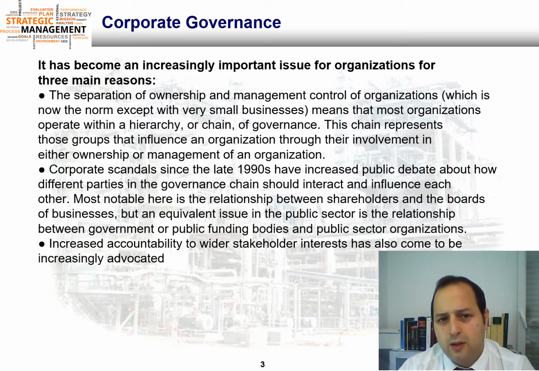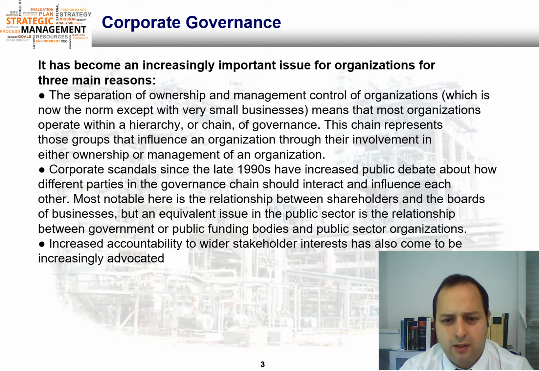Another factor that increased corporate governance is several corporate scandals since the 1990s. Those scandals increased the public debate about how different parties in the governance chain within a company should interact among them.